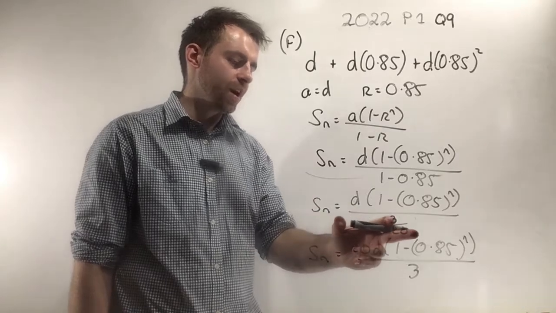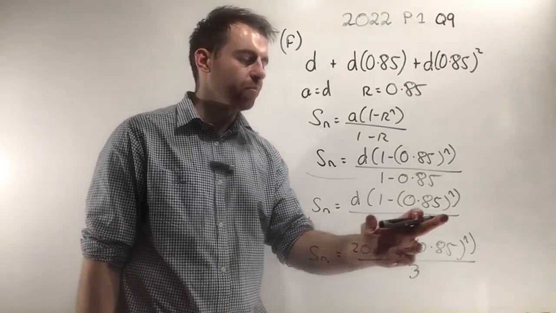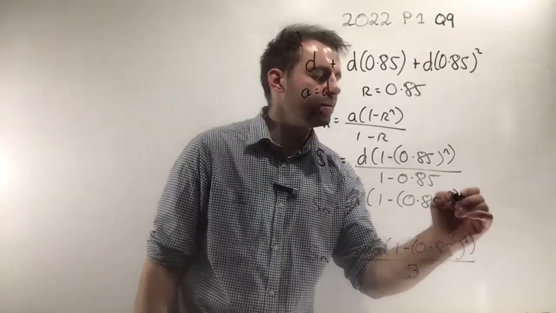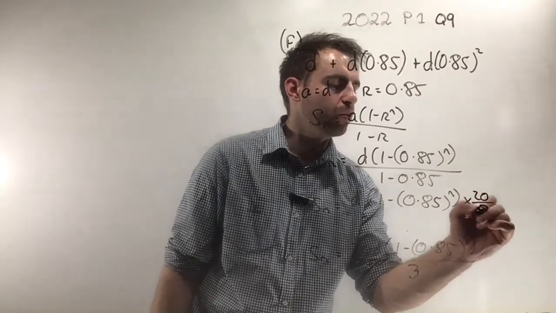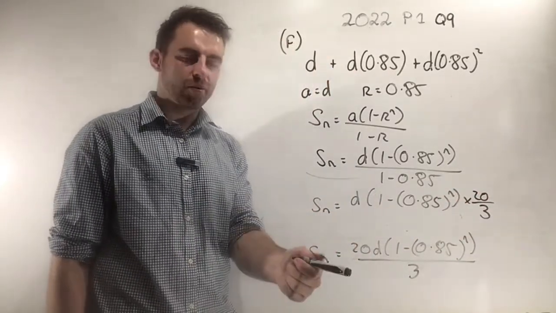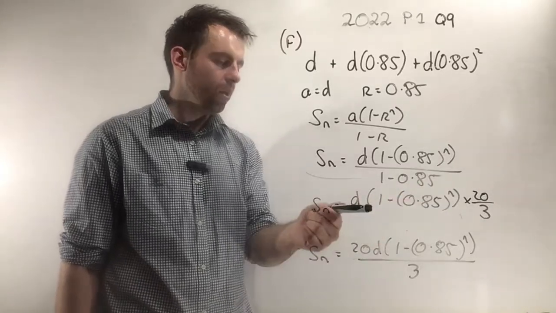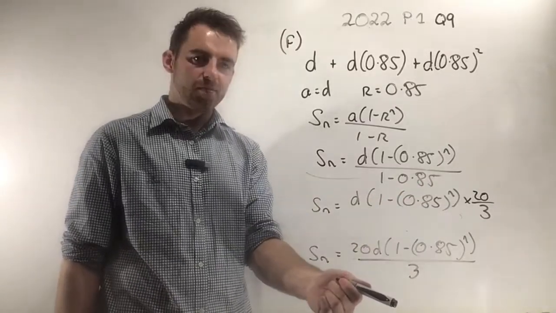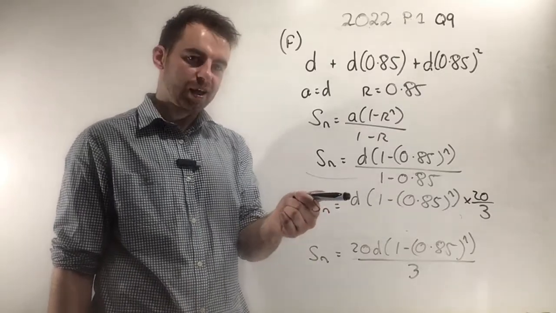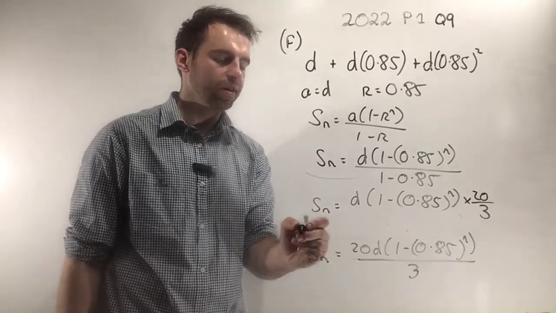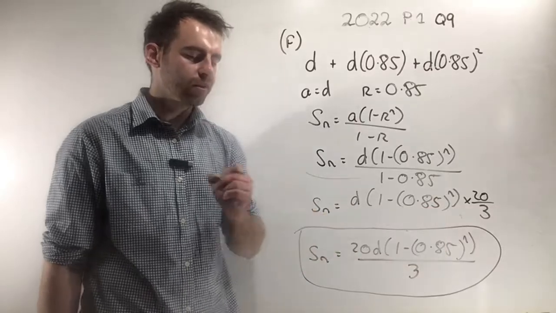So this second last line, instead of dividing by 3 over 20, that's the same as if I just multiplied by 20 over 3. Hence where we get our last line, 20 by D is 20D, and then I have all of this, but it's all divided by 3. So that's how you go from the second last line to the last line. This is what we were asked to come up with, so that's our final answer.